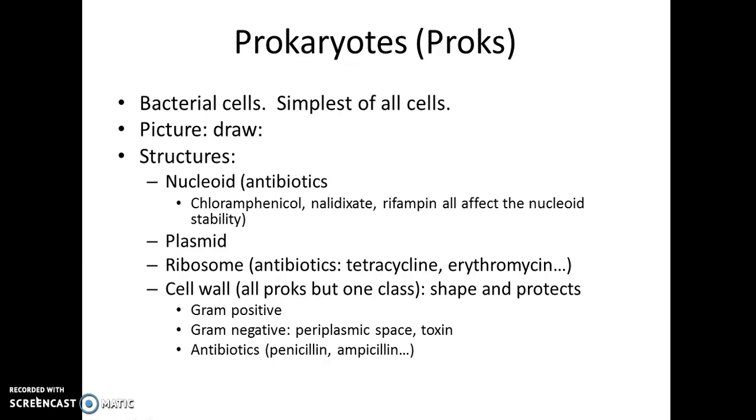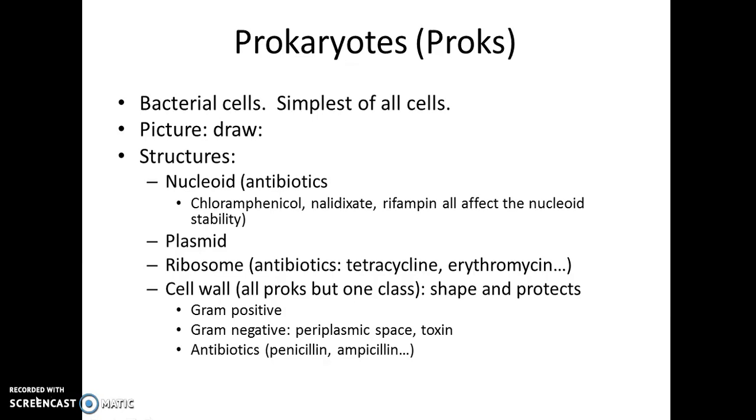Cell walls. All Proks have cell walls except there's one class that does not, and it provides shape and protects the prokaryote. There are two types of cell walls. There's gram-positive and gram-negative. And I'll go over the difference between gram-positive and gram-negative in class. Gram-positive has a thick peptidoglycan layer.